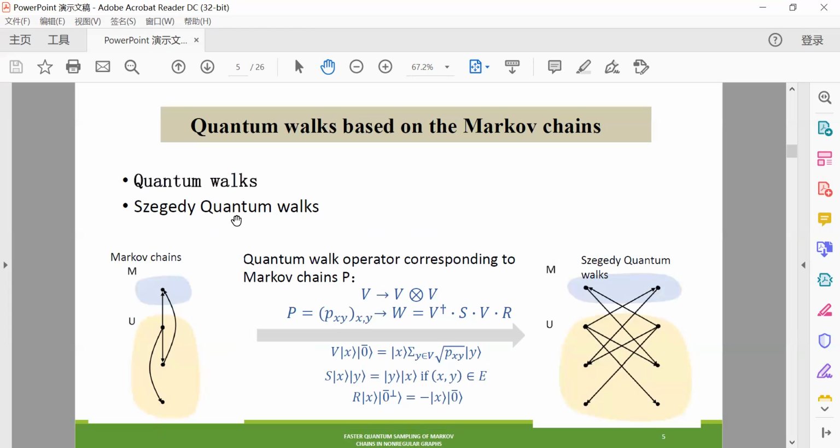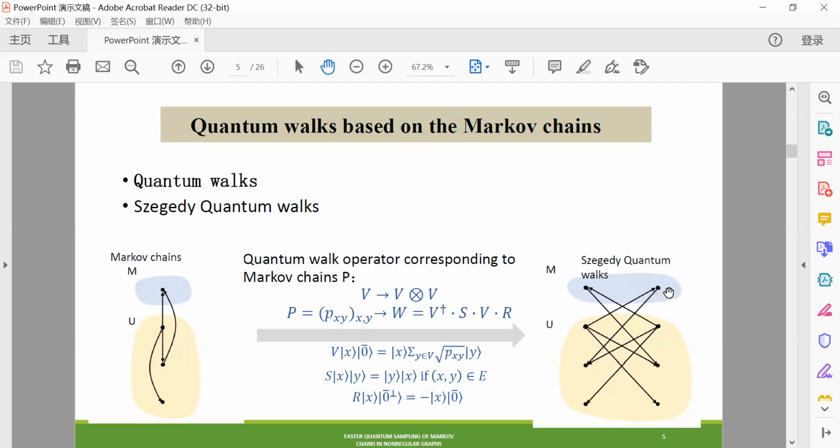We know quantum walks are the quantization of random walks, and Szegedy quantum walks can be regarded as a quantization of Markov chains. For example, this is a Markov chain, and we select all the vertices of this Markov chain and copy them, and we can connect the left points to the right points according to the original connections in the original Markov chain.